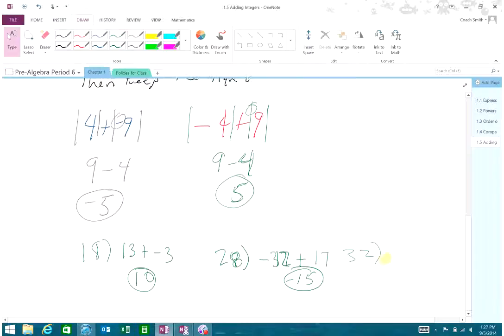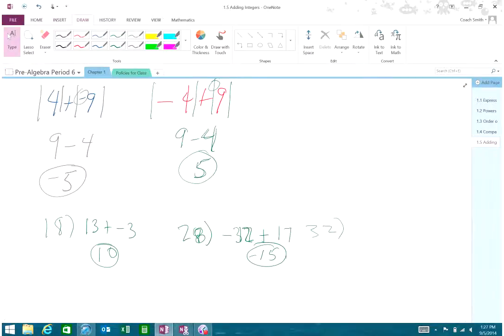What was 32, Copeland? 55 plus negative 28 plus negative 6.